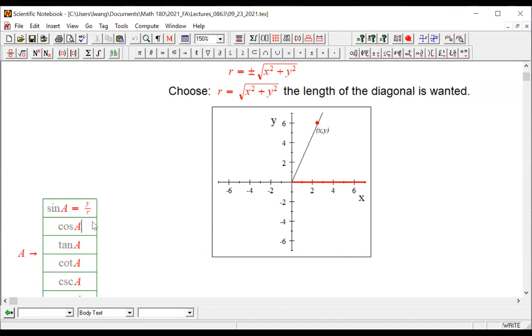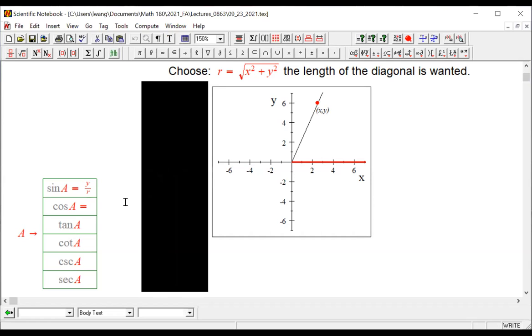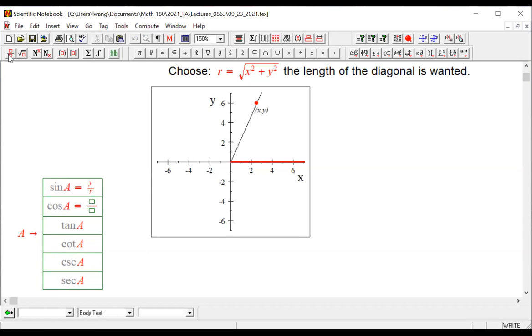I'm going to write down these definitions, and you guys write down these definitions, and then we're going to go back to this to see what's going on in the picture. That's a definition, so we're introducing some new rules. Cosine is another function, which is x over r.